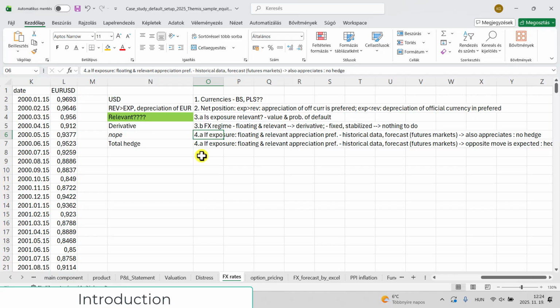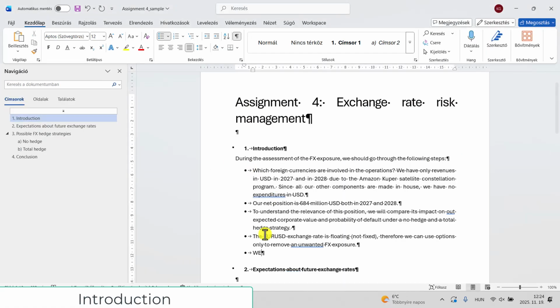Then also we have to see, we should explore the expected exchange rates and the option fees as well.